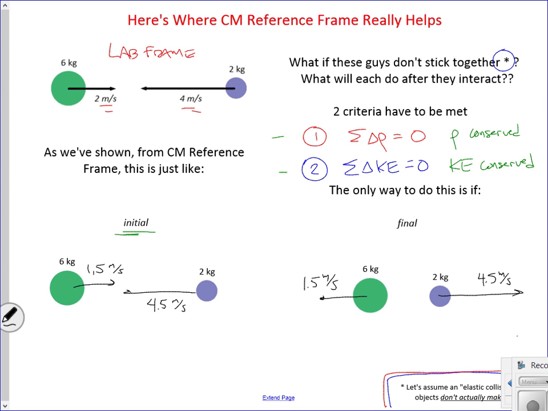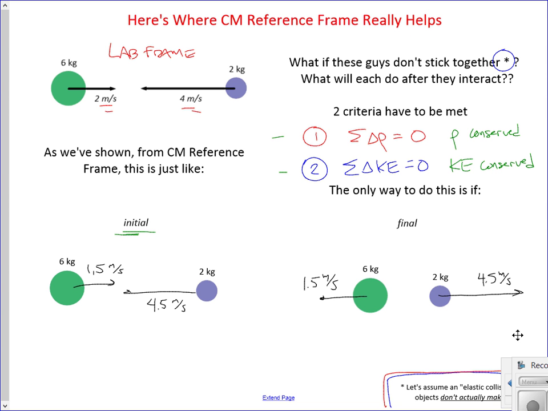All right, and here's what you can sort of think about. The center of mass as this point in the middle of these that doesn't move. Right? Because again, these are the velocities of these objects relative to the center of mass velocity. So the center of mass, imagine it sort of like, well, an infinitely massive object that doesn't go anywhere.